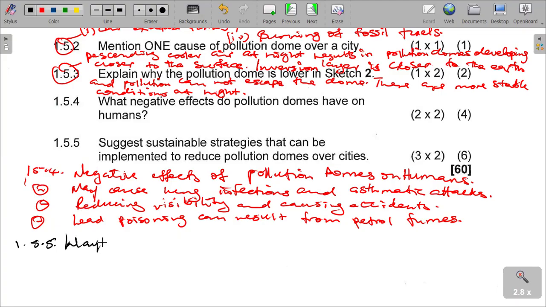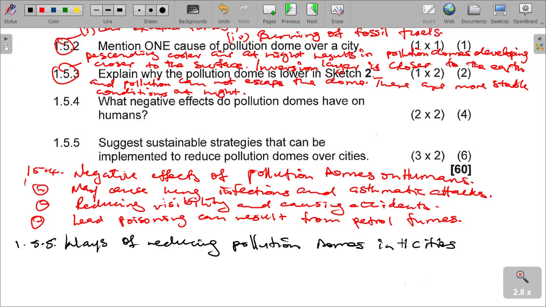Ways of reducing pollution domes in cities. What can be done to reduce pollution domes in cities?